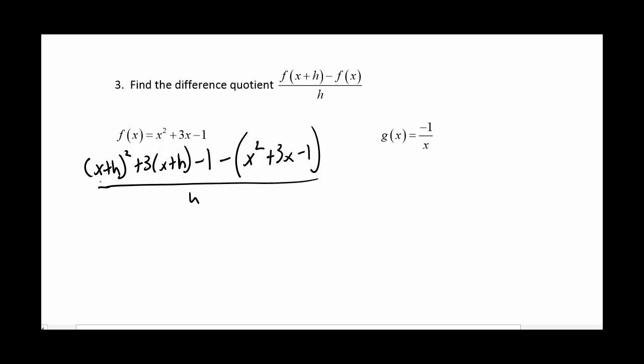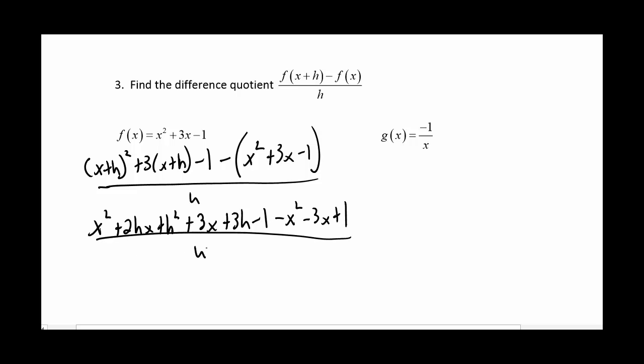Okay. So then I'm going to FOIL it, distribute, combine like terms, do what I can up top. So I get x squared plus 2hx plus h squared. Then distribute the 3 in, so plus 3x plus 3h minus 1 minus x squared minus 3x plus 1 all over h.